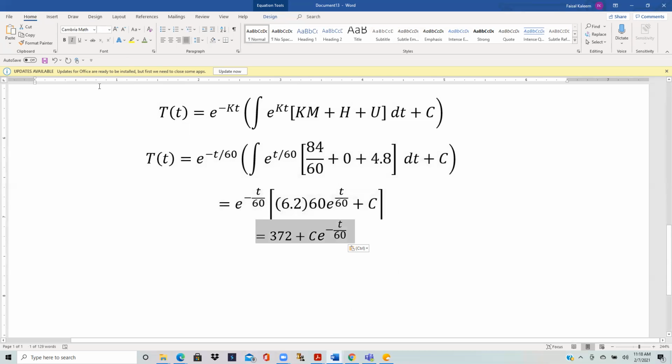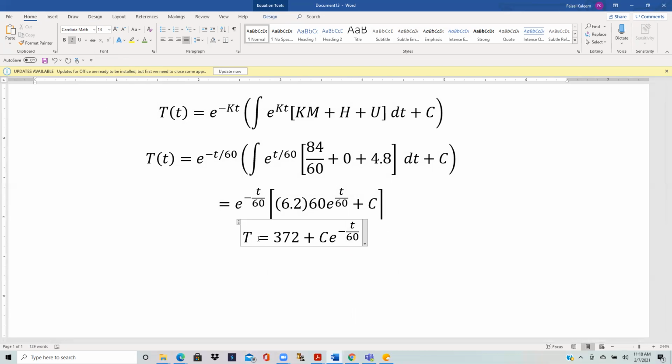Font has suddenly changed for no reason. Okay, so that is T of t.